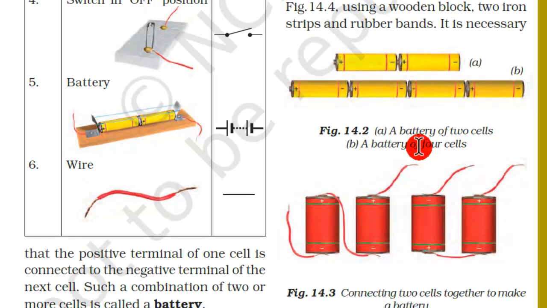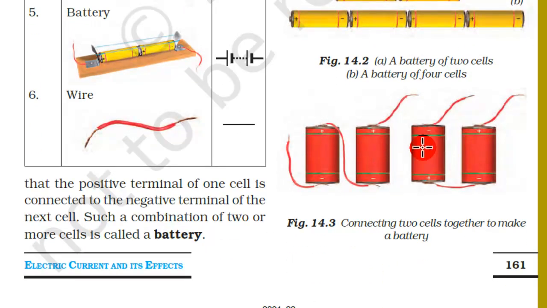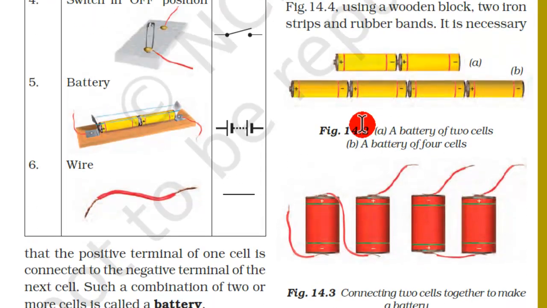We see it in this manner. So when we make batteries, the negative terminal of the cell will touch the positive terminal of another cell, and so on up to the last end.